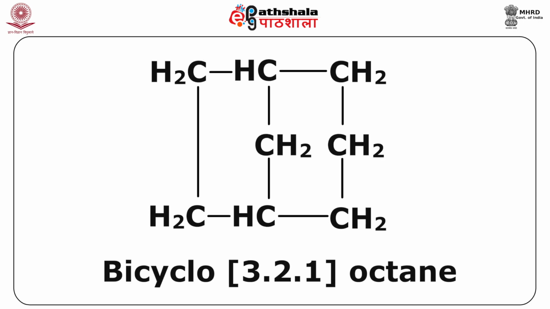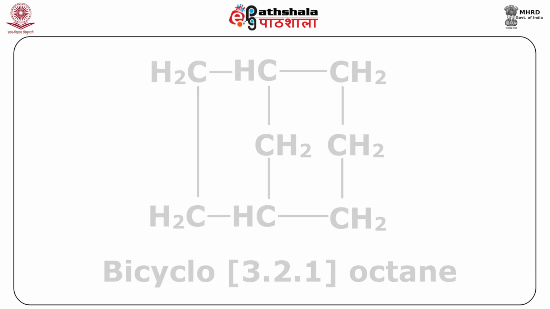Let's look at another example, bicyclo[3.2.1]octane: bicyclo for the two ring systems, 3 for the bridge on the right hand side, which has 3 carbon atoms, 2 on the left hand side, which is 2 carbon atoms, 1 carbon atom in between the two bridgehead positions, so 3,2,1, and octane for the total of 8 carbon atoms of the complete structure.